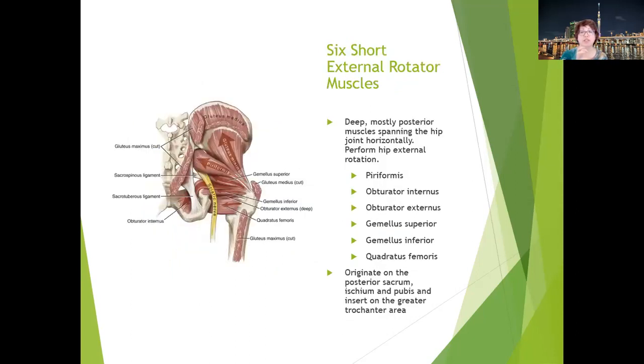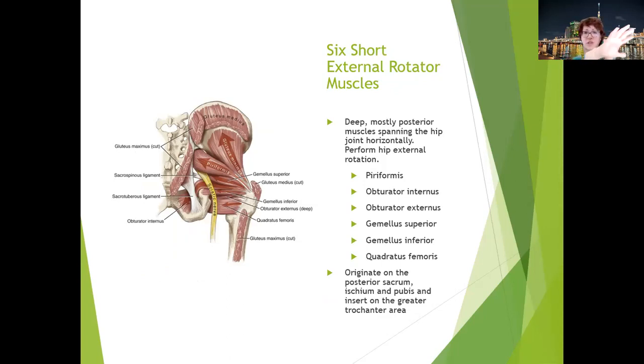So deep to the gluteus maximus, we have 6 short external rotator muscles. And I'm not going to expect you to know the origin and insertion of each individual one, but just know that most of them originate on the posterior sacrum, ischium, and pubis, and they insert somewhere on the greater trochanter area.